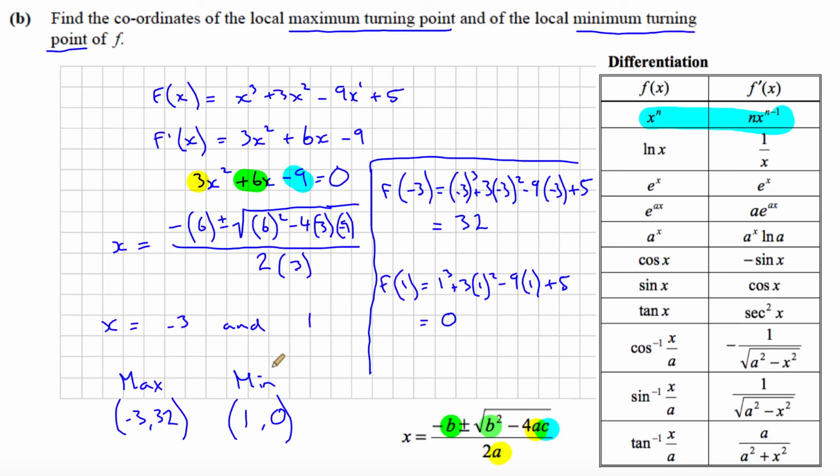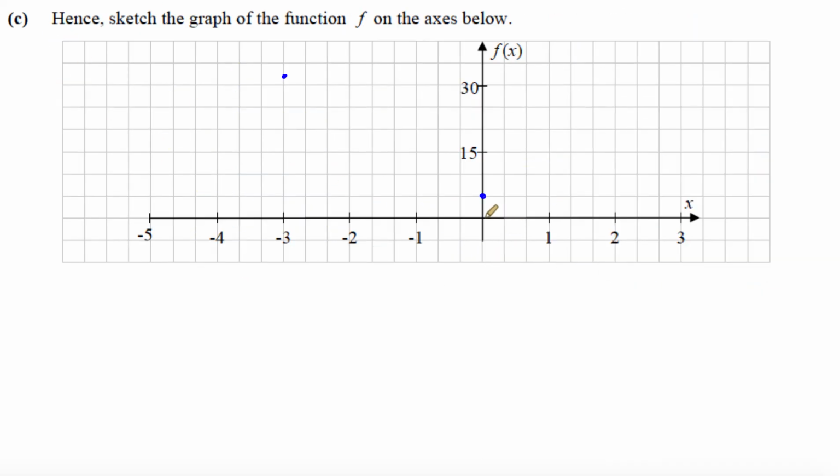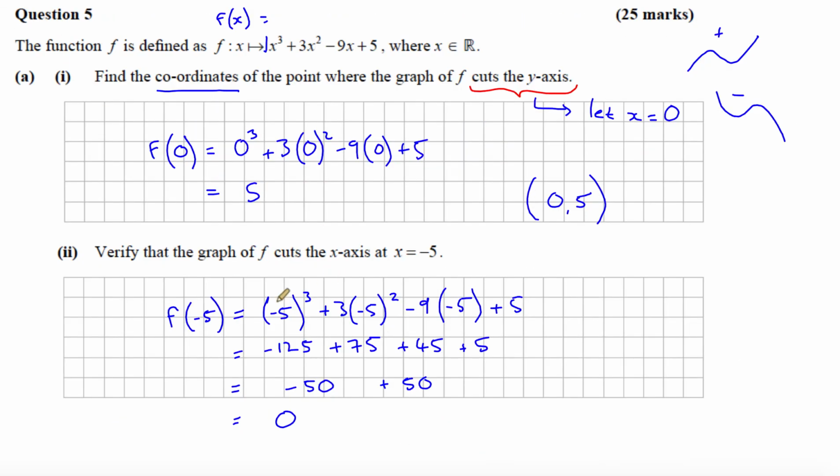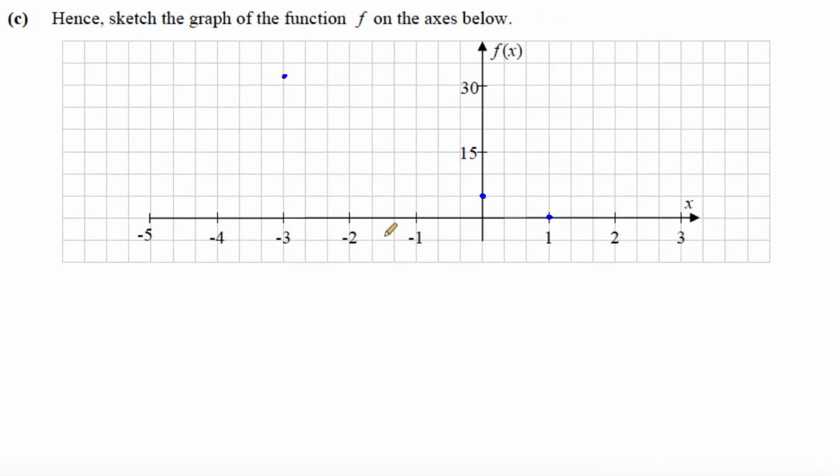The min is 1, 0. So we go over to 1 and 0, that's our min point. And we also know from part A that the graph cuts the x-axis at minus 5. So the x-axis also gets cut at minus 5 here.